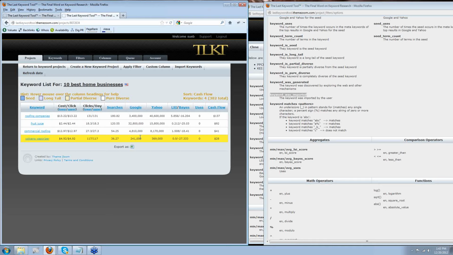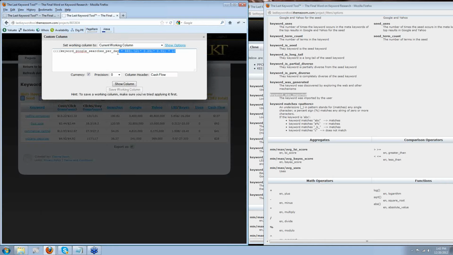The cash flow custom filter in the chat box, absolutely. That's the cash flow custom filter that I just pasted to everybody. And I'll make sure that I hang on to that.